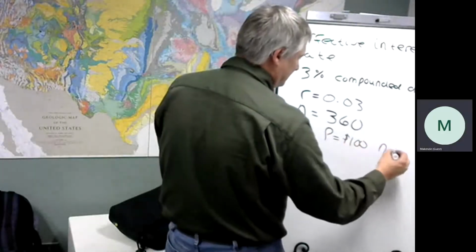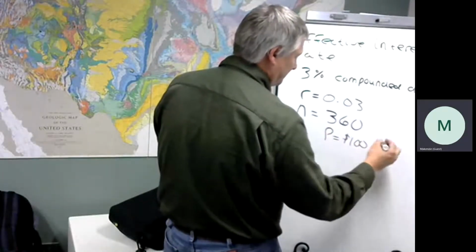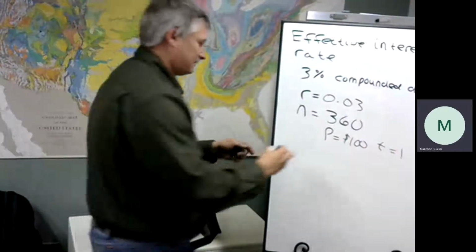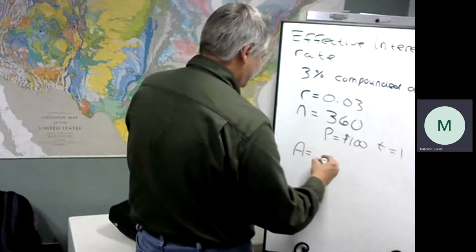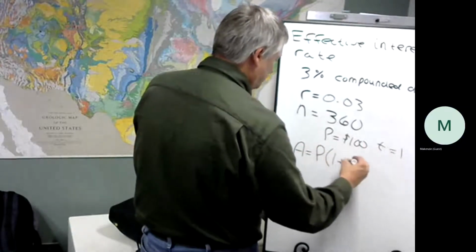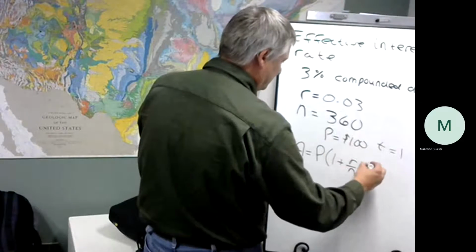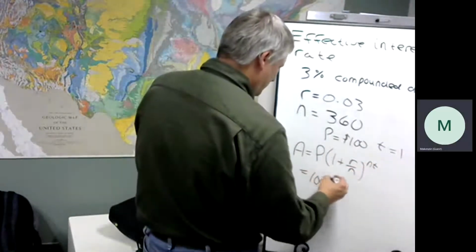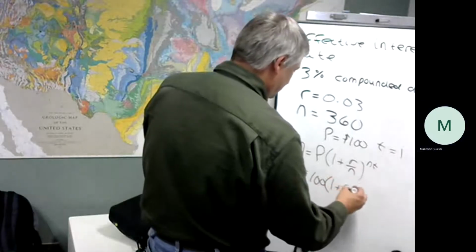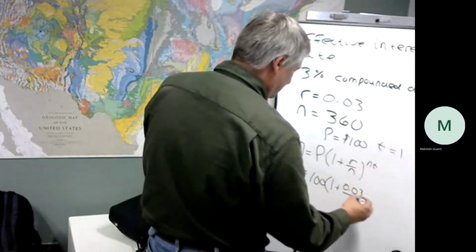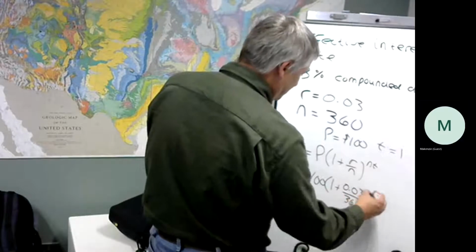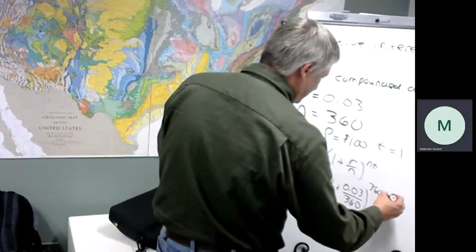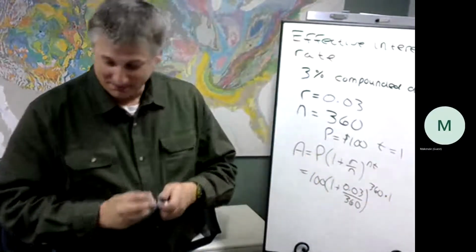And T is equal to 1. So we have A equals P, 1 plus R over N to the NT, or 100, 1 plus 0.03 over 360 to the 360 times T, which is 1.